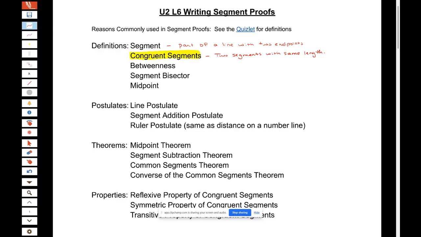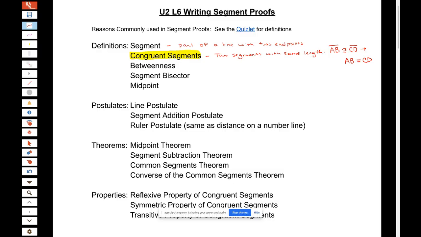We will use it if we have two segments that are given as congruent, like AB is congruent to CD. We will use the congruent segments definition to say that that means they are equal in measure. So we may have AB congruent to CD, and then in the next step, we say the length of AB is equal to the length of CD.